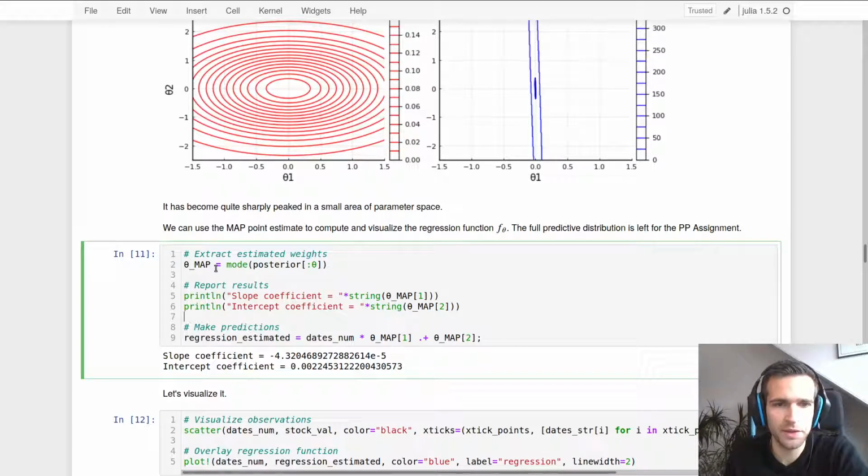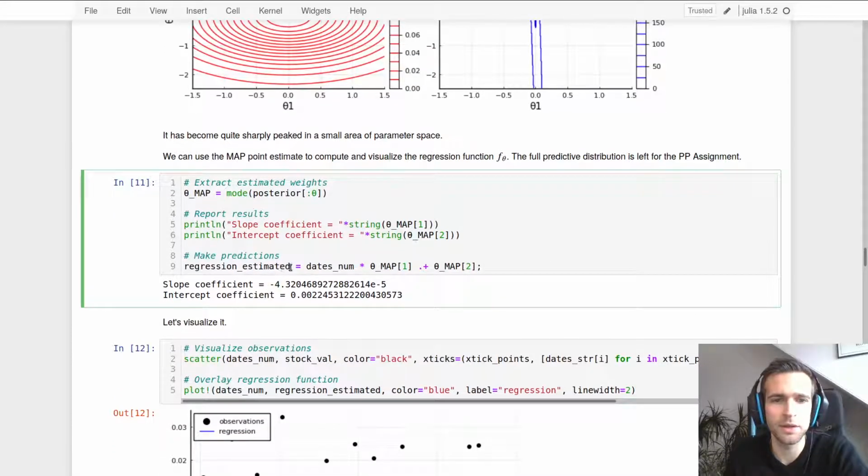So if we extract the mode from the posterior for theta, so that gives us theta map, then we can generate this estimated regression function by multiplying the dates with the estimated slope coefficient and then adding the intercept.